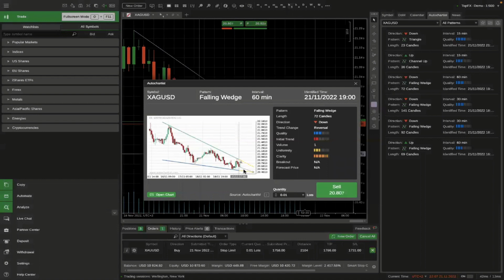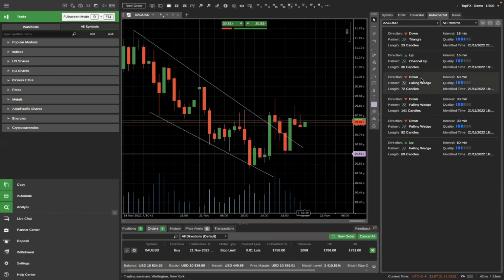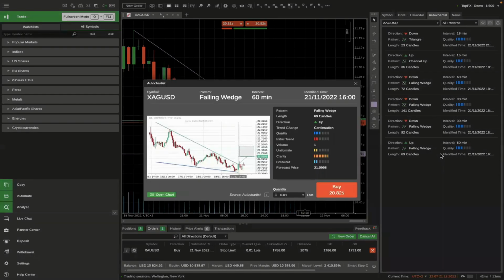This pattern is already kind of not really tradable, right? That much. So which one should you choose? Because you have two patterns, two directions. You should choose this one. Why?